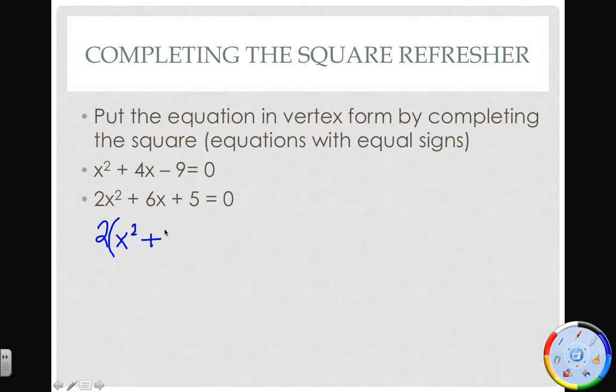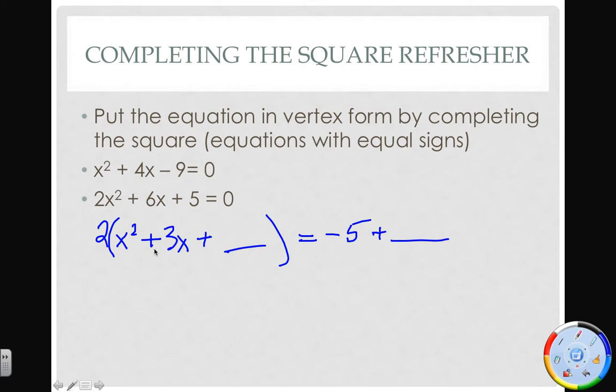But, here we go, here, plus blank. I don't want to do it to the 5. I'm actually going to minus the 5 to the other side. And again, I'm going to do my plus blank, because this actually is a plus, because that 2 is positive.